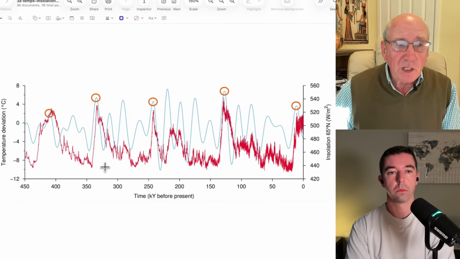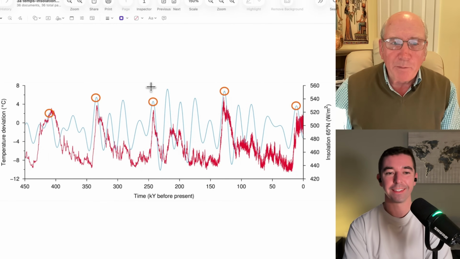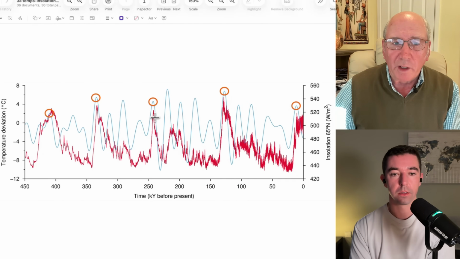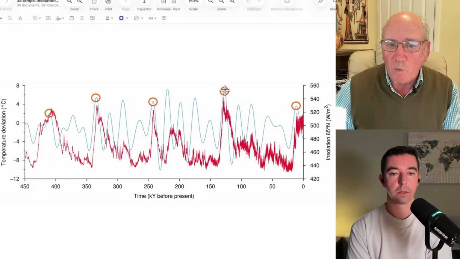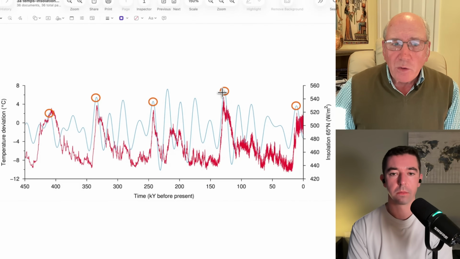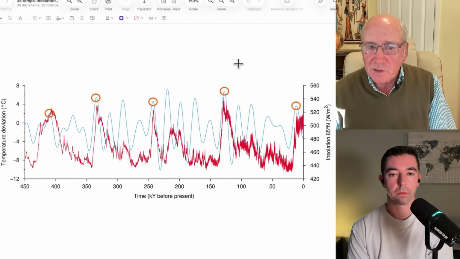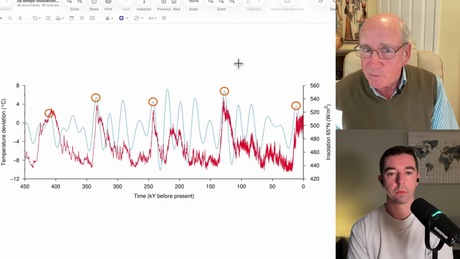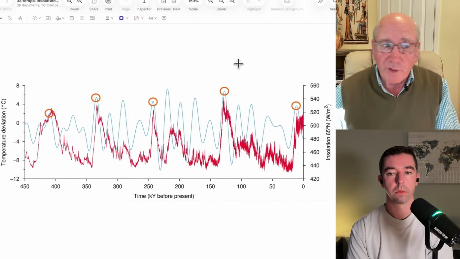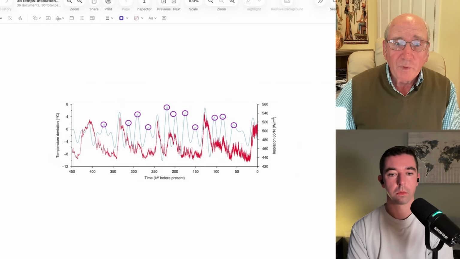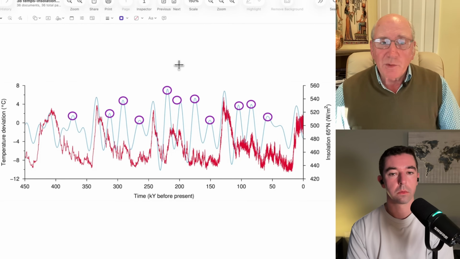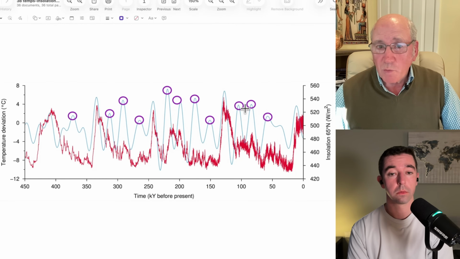So as you can see, we get a peak in the Milankovitch cycle, we get warming. Another peak here, we get warming. And so you can see that this Milankovitch great summer warming is causing temperature change. However, there is a problem, because not all maxima cause warming.